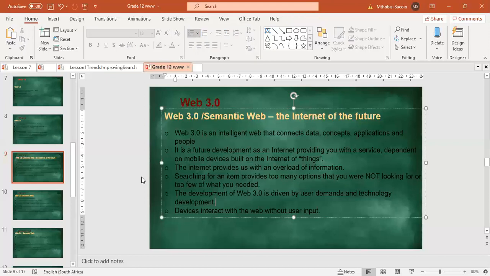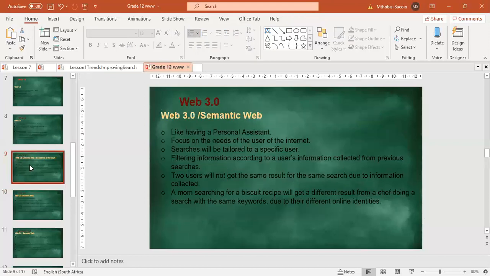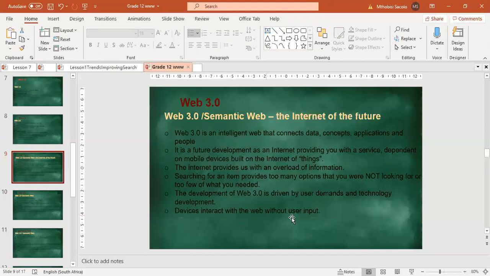Devices interact with the web without user input.